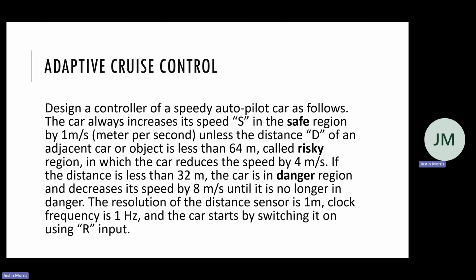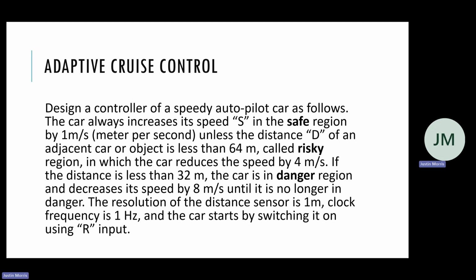This is called the risky region. When it's in the risky region, the car will reduce its speed by 4 meters per second. If the distance is less than 32 meters, this is the danger region, and it will decrease its speed by 8 meters per second until it is no longer in the danger region.